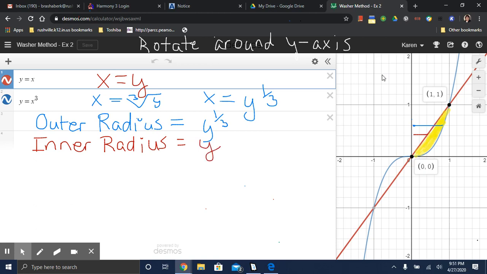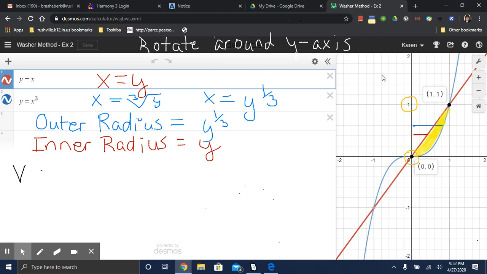And then I want to be sure that you understand we are integrating along the y-axis. So we want to pay attention to these y values from 0 to 1 as we set up our volume equation.